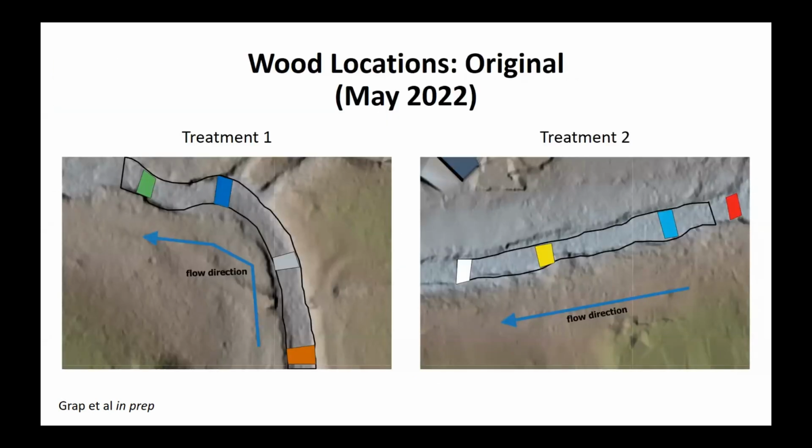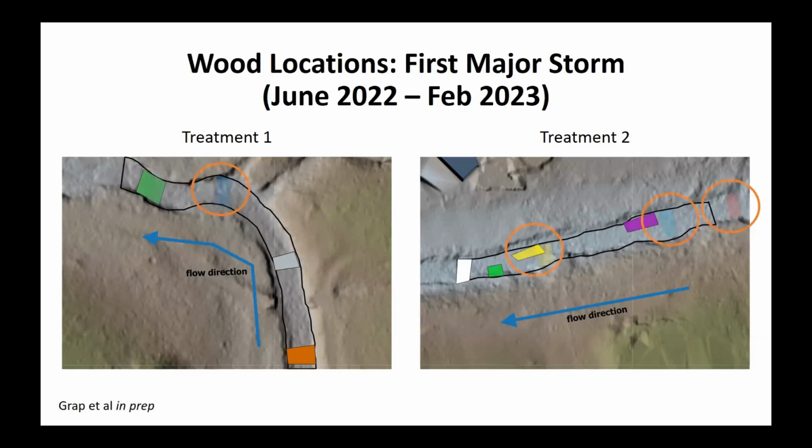So here are our 2 treatment reaches. We've colored each of the original wood jam installations. And now you can see we faded out the original jams and tried to keep the colors consistent. Hopefully you see some of the jams basically disappeared.